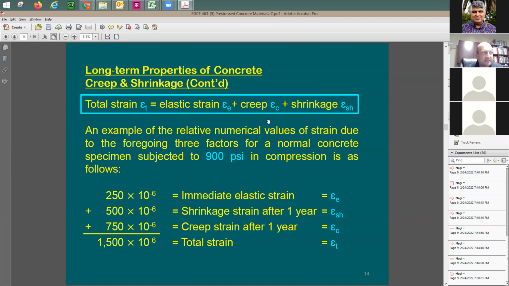So we call it, in this case, sustained loading on the structural member. And then plus the shrinkage, which is a normal phenomenon that happens to all concrete structures. And certainly adding non-pre-stressed reinforcement is going to reduce the amount of shrinkage, creep, and elastic strain that may happen. And of course, it's going to reduce the losses.